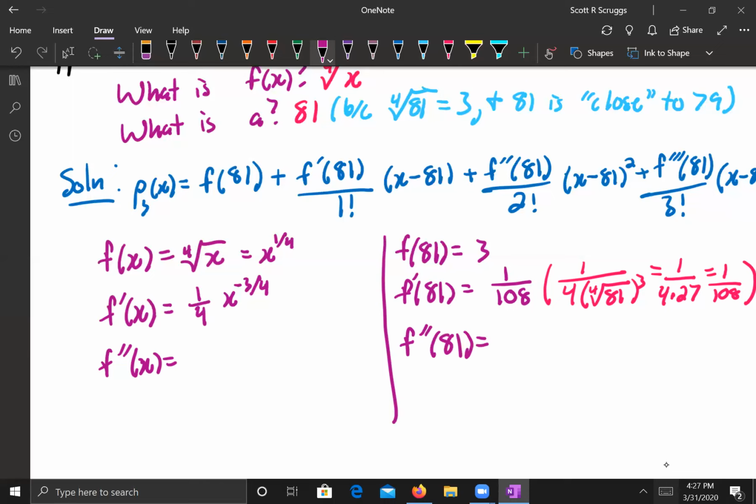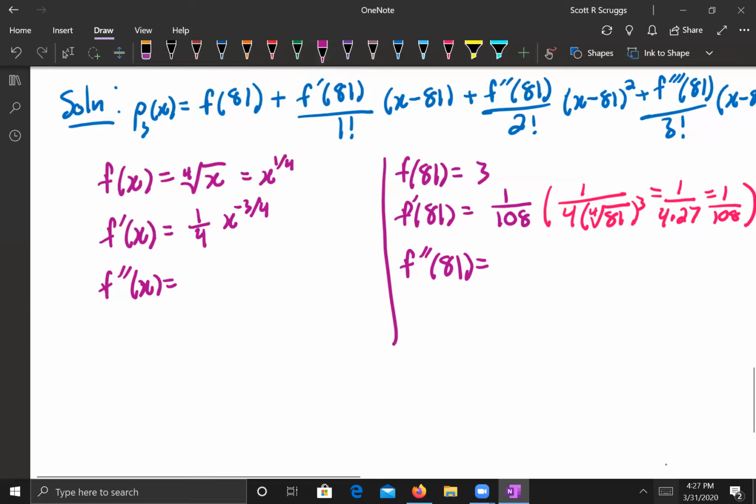All right. And now here's where it's going to start getting a little bit nasty. Go ahead and write out the expression for the second derivative. I got that for my second derivative by using the power rule. What will I get when I plug in 81 to my second derivative?